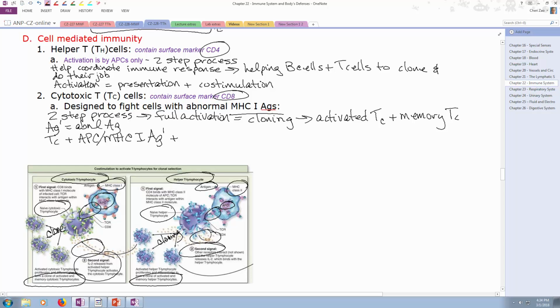Plus, in order for full activation, this is not enough. Remember, this is putting the key in, turning the engine on. We actually now need T helper co-stimulatory enzymes. When we have all that, we then go ahead and actively clone, and we create a whole bunch of fighting machines and machines that are ready to fight another day.